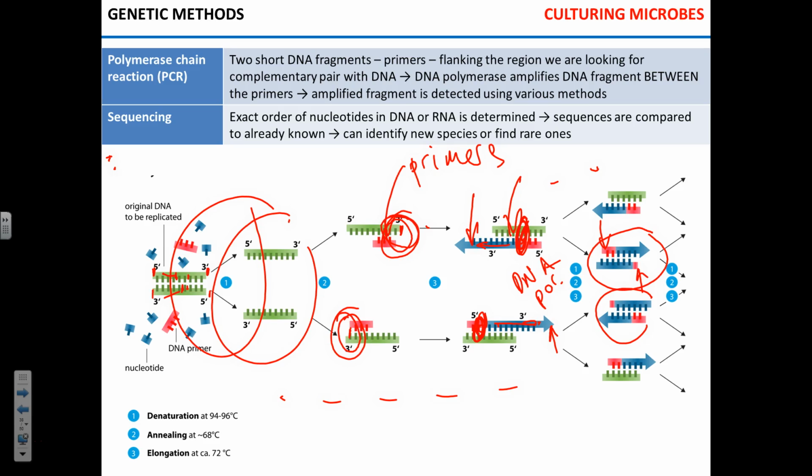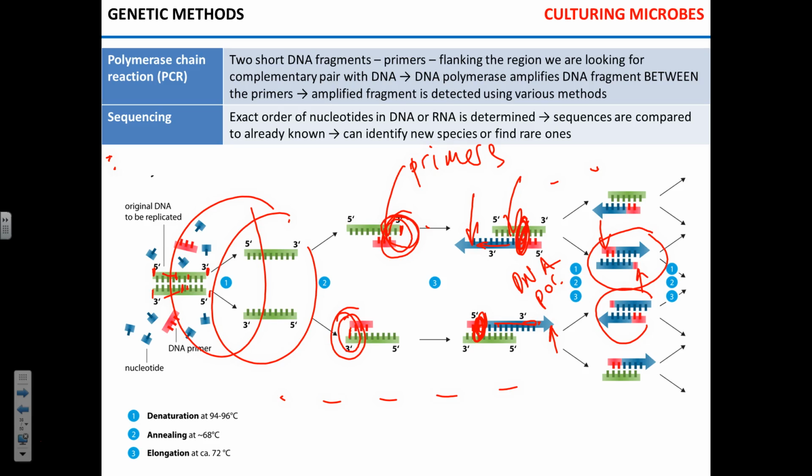Now, going back to actual PCR. If you start with one molecule of DNA, after one cycle, how many molecules are you going to have? 2. After 2 cycles, 4. After 3 cycles, 8. After 4, they double.